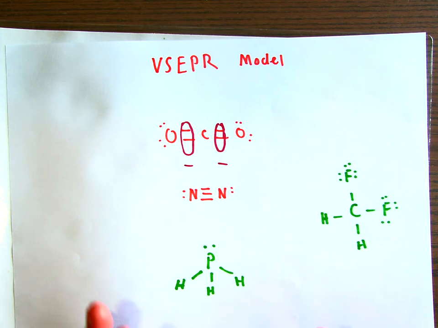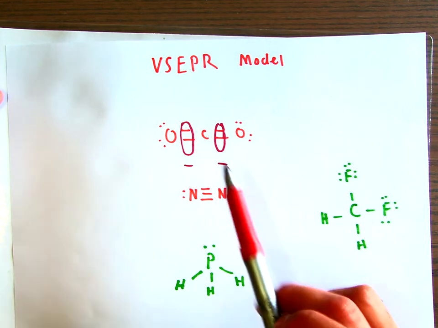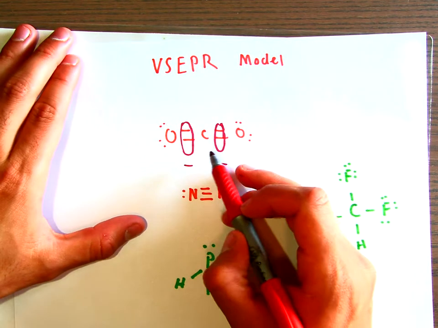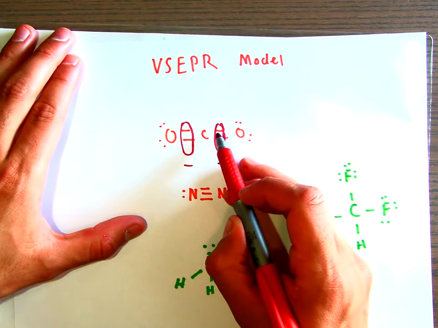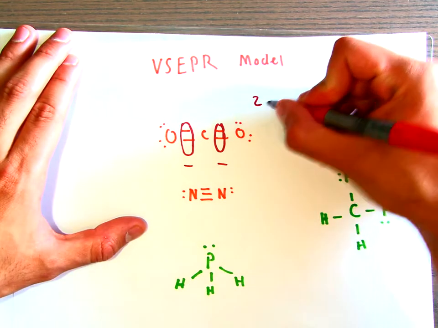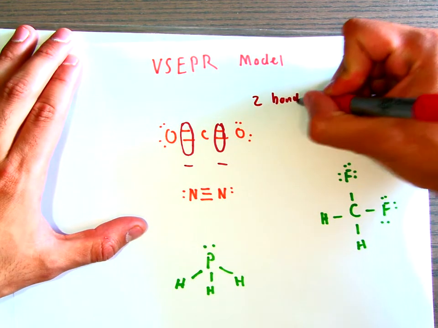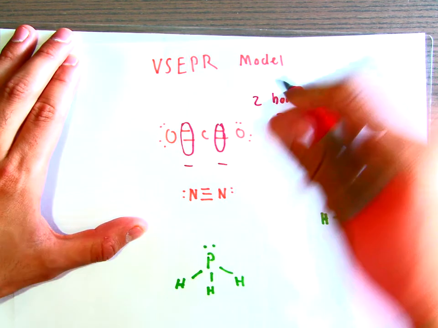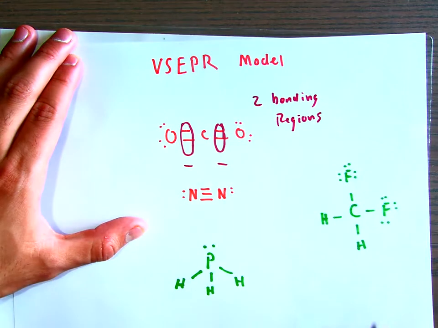When we're trying to figure out the type of shape an atom forms, we always look at the center atom. We want to count the number of bonding regions around a center atom and the number of lone pairs. For example, here I have two double bonds, but I only have two bonding regions, or you can think of them as electron regions.